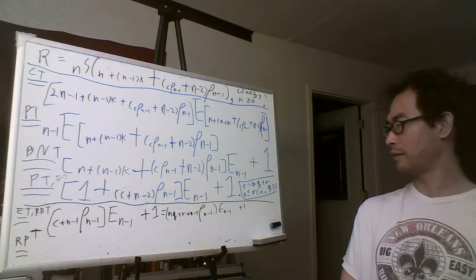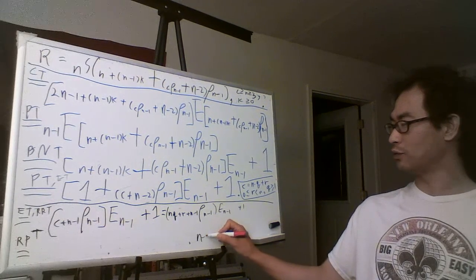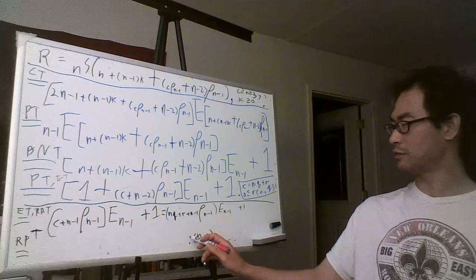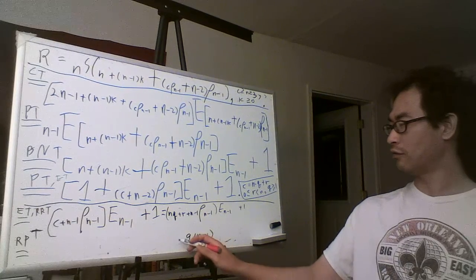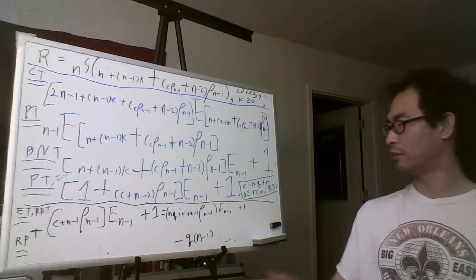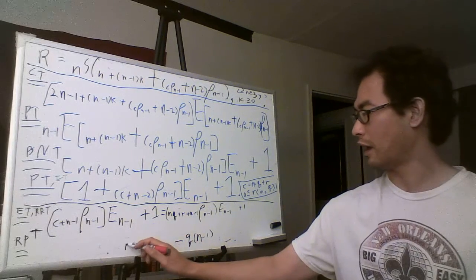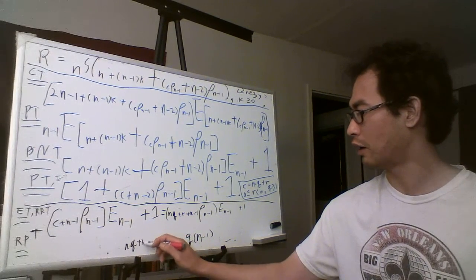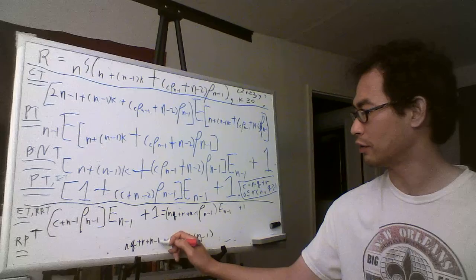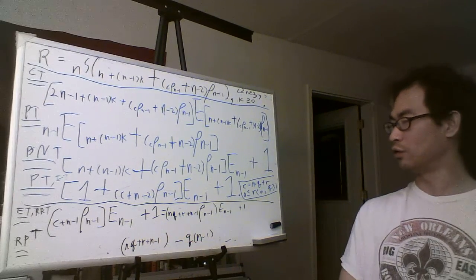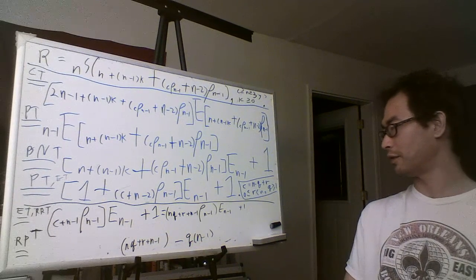n minus 1 times Q, we are subtracting that from this guy, nQ plus R plus n minus 1. That's the rho periodicity theorem, right?